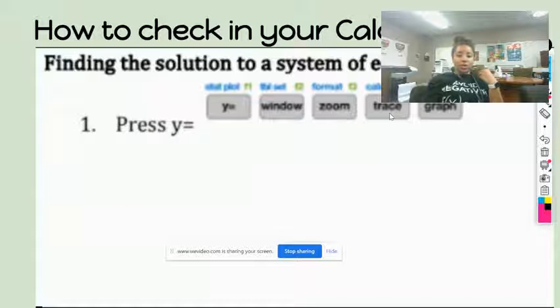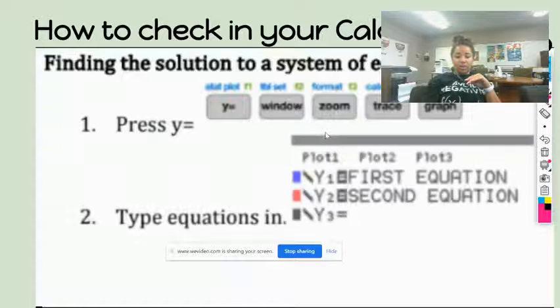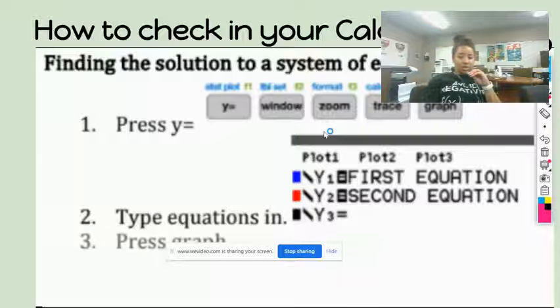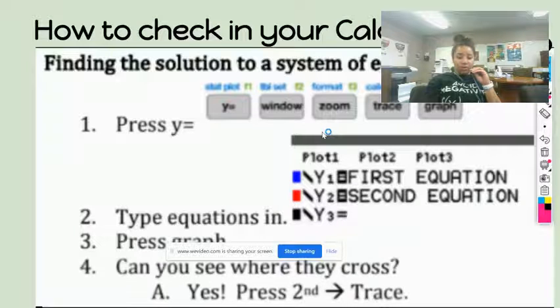So how to check in your calculator, you can press y equals, you go to window, do zoom, trace, and graph. That's one way. And you type the equations in. First equation, then the second equation, and then press graph. And you can see where they cross, press second trace, and then press enter 3 times, and then it will show you.